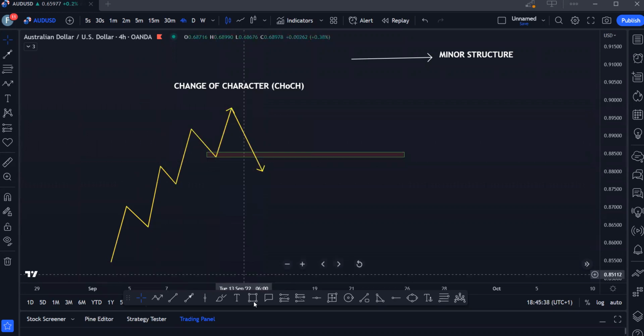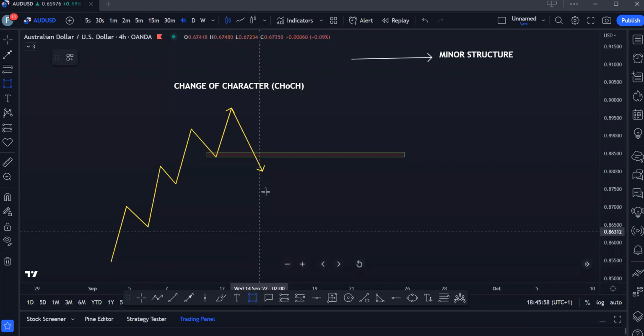So either one is acceptable, only on minor structure, guys, not major structure. That's why I'm reiterating that we only use change of character on minor structure. I'm going to explain on the chart shortly.